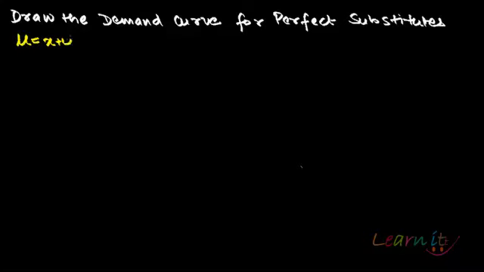Now in the earlier recording we derived the demand curve for perfect substitutes for this kind of utility function. Let's even draw the indifference curve and the demand curve for these cases.